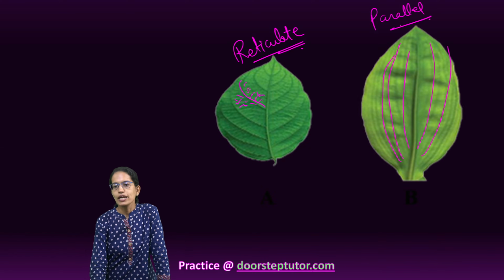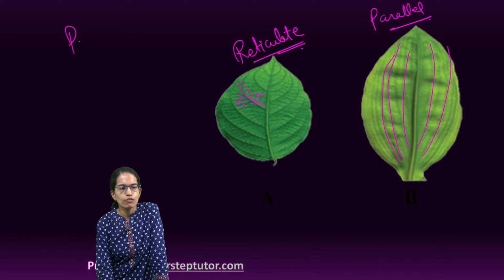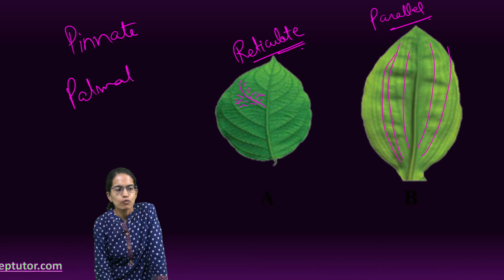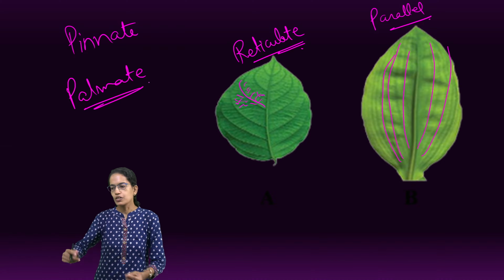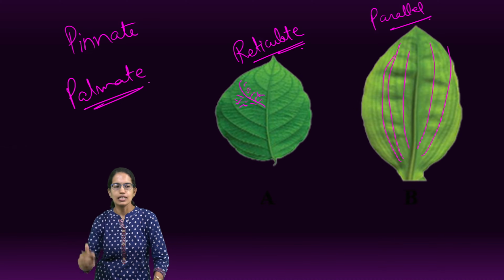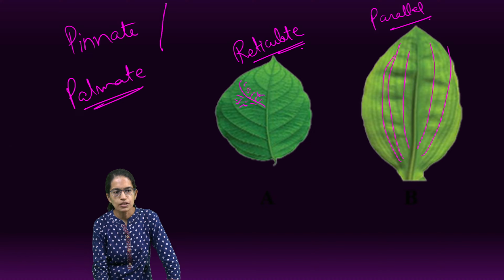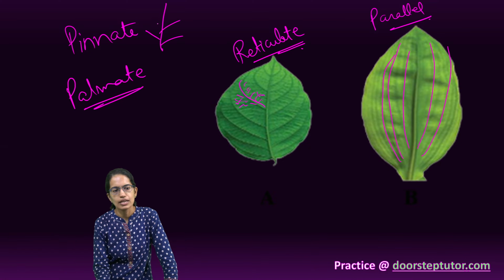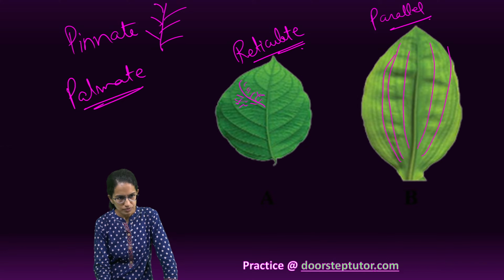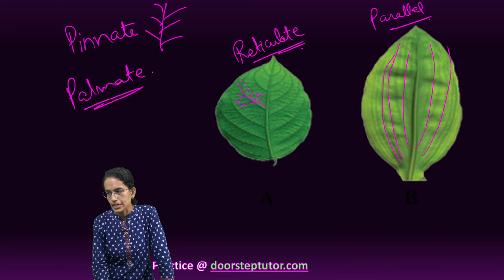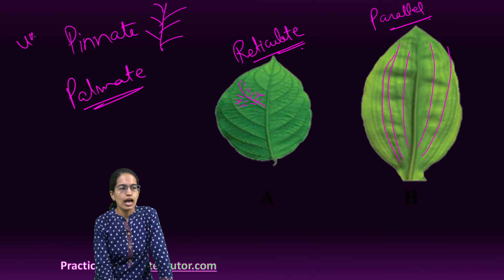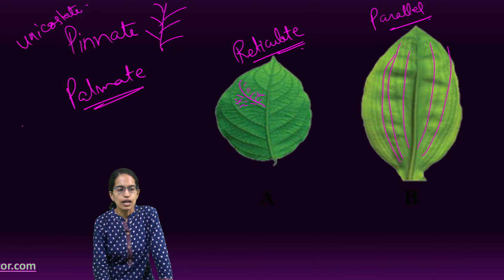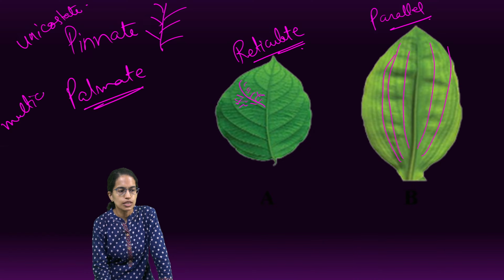Both reticulate and parallel venation can be of two types, which are known as pinnate and palmate. What is the difference? In pinnate, you have the main single vein that extends from the petiole to the top of the leaf, and then there are secondary branches that come out of it. We call this pinnate. Pinnate is also known as unicostate. The next is palmate, which is known as multicostate.